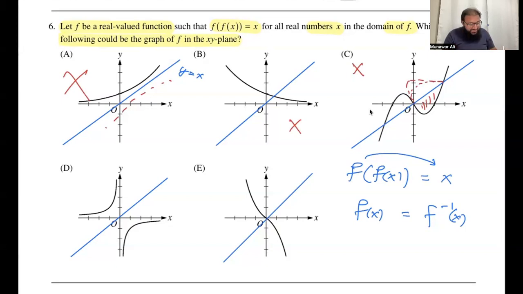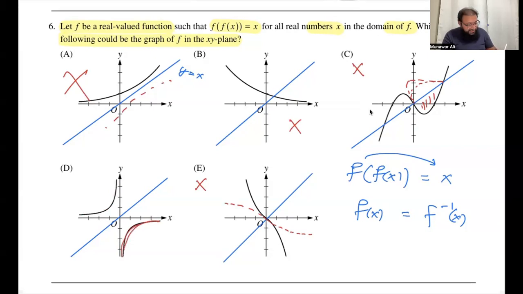Similarly, option E is not correct as well, because if we have this thing here, its reflection along this line would be something like this. But you can see that if you reflect this line, it becomes exactly this. If you reflect this line, it becomes exactly this.